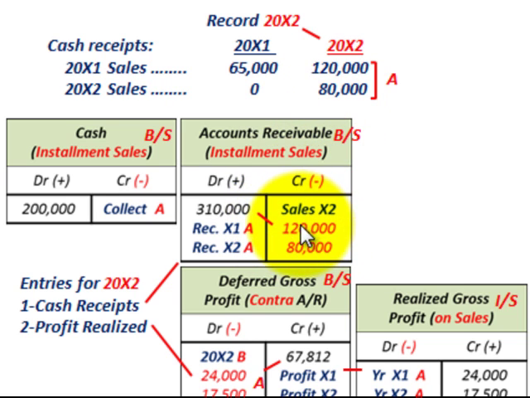So credit or reduce our accounts receivable by that amount. And then for year 20X2 sales, $80,000. So credit or reduce our accounts receivable by $80,000. And then for the reduction in our accounts receivable, that would have been the cash receipts. Debit or increase our cash by $200,000. So that's the cash that we collected in year 20X2.